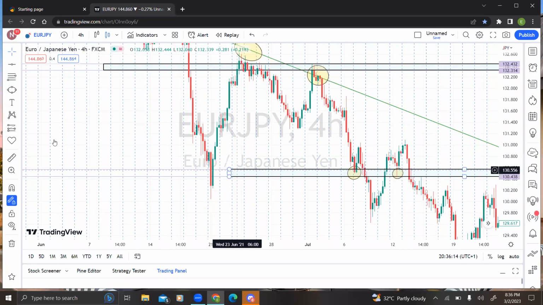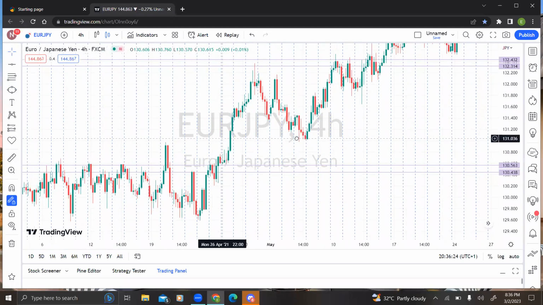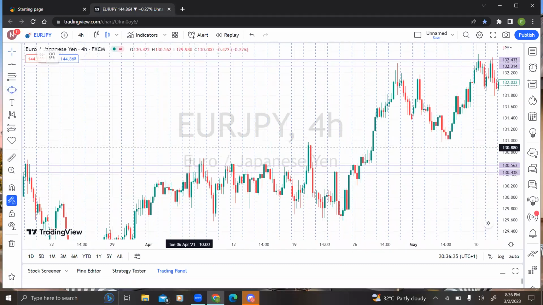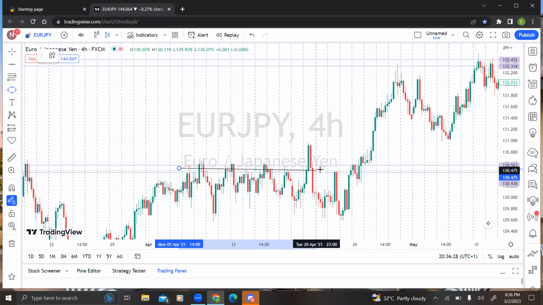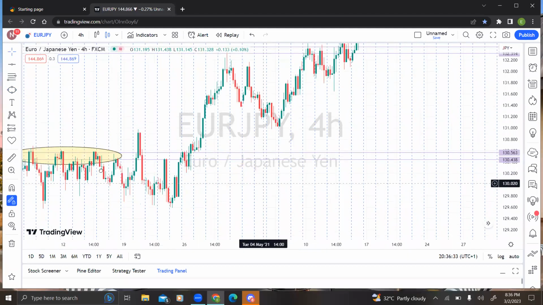Notice how, yeah, it was also a support here. Did you see that? Notice how good, I mean, this is lovely. Notice how this was also a resistance. All of these areas. Does that not validate that particular area as a zone, ladies and gentlemen?